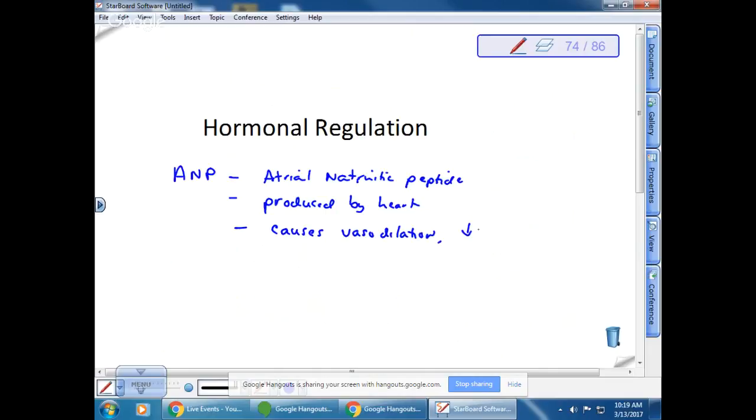So this decreases blood pressure, and this protects the heart from extreme pressures, right? So the function is it protects the heart. Okay. So if there's too much blood and it's under too high a pressure coming into the atria, this gets produced, right? And it releases it into the circulatory system because this is a hormone, right? So it's kind of a long term, and then it decreases blood pressure throughout the body. So not so much blood and not at a high enough rate is coming back to the heart.